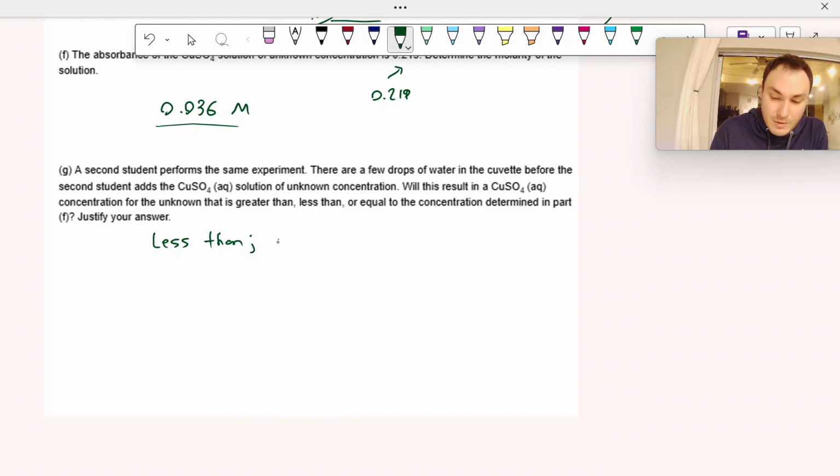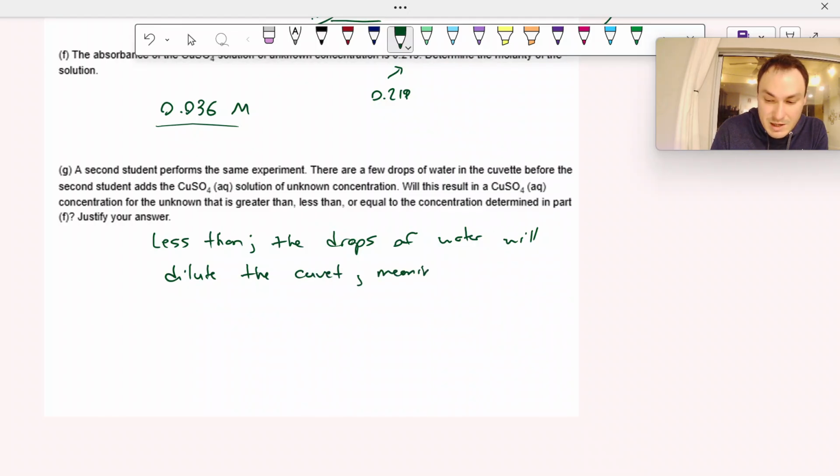The reason is the drops of water will dilute the cuvette, meaning the absorbance will be less than what it should be.